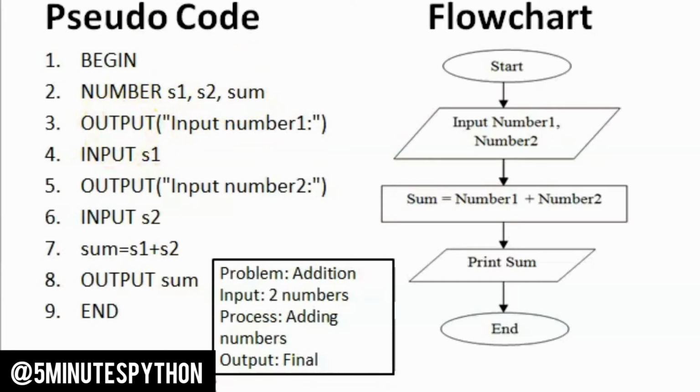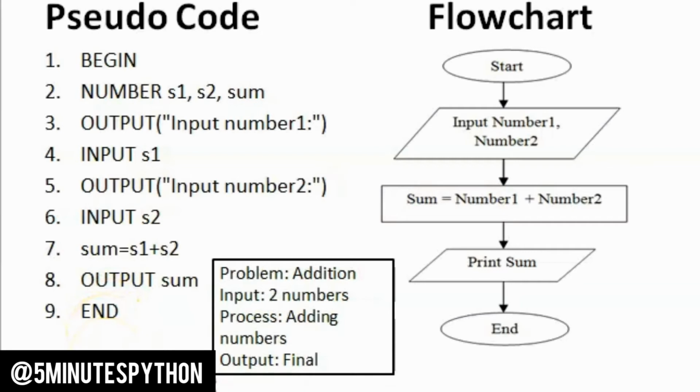And we are instructing the user to enter the input number 1, and we are getting the input number in S1. Next, we are instructing the user to input the second number and we are getting it in S2. Then I am processing it and storing the result in sum. And finally, printing the sum, that is displaying it to the screen, and we are ending the program. This is one way of representing an algorithm.